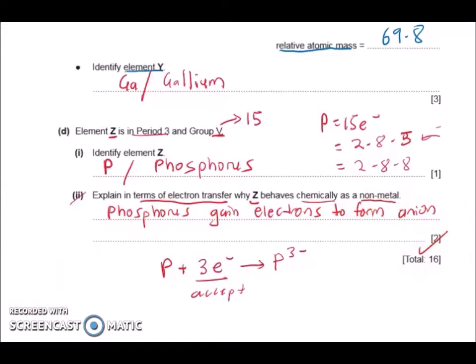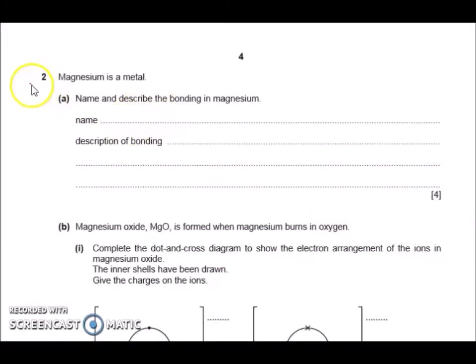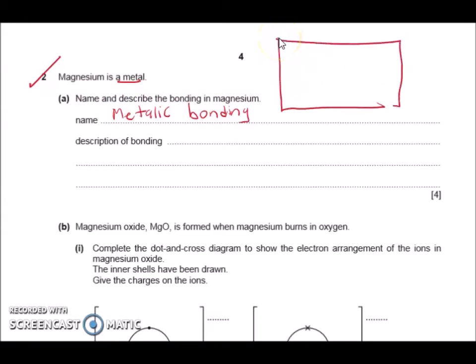Now we're going to the second question. Okay, this is the second question. Okay, magnesium is a metal. Name and describe the bonding in magnesium. Okay, all metals will have a bonding we call metallic bonding. Okay, what is metallic bonding? If you look inside the metals, the bonding will be, so let me just draw here. Magnesium is formed by 2 positive ions, right?